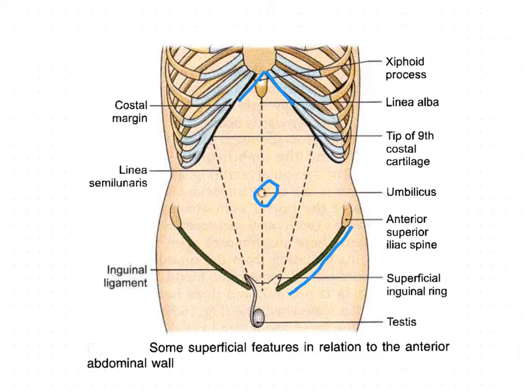The spermatic cord is a soft rounded cord present in the male. It can be felt through the skin as it passes downwards near the medial end of the inguinal ligament to enter into the scrotum. Okay, this is the spermatic cord.